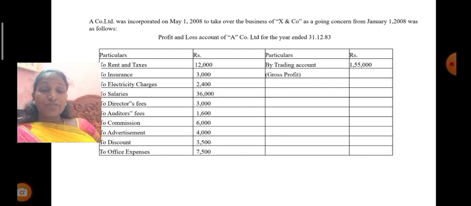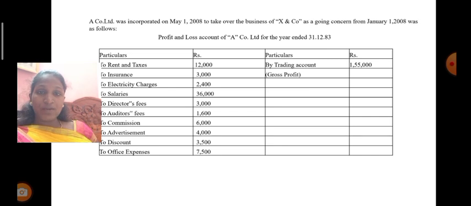On 1st May the company was incorporated, so it comes under the post-incorporation period: May, June, July, August, September, October, November, December. 8 months. So 4:8, which we can simplify to 1:2. So the time ratio is 1:2.